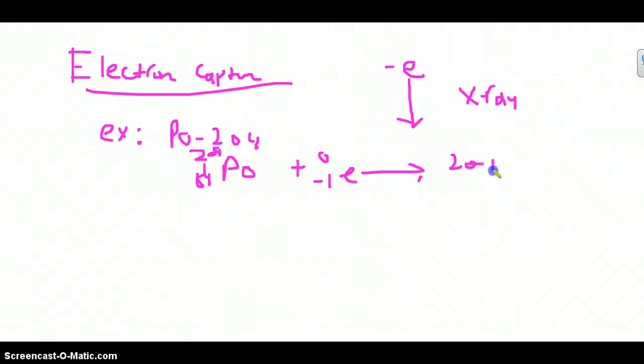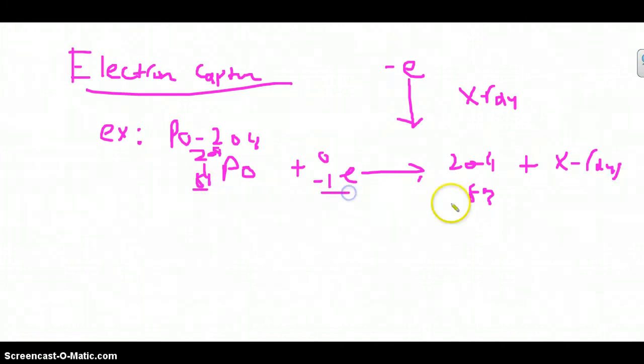And then 204 bismuth 83 plus X-rays. Yeah, because 84 minus 1, yep, that's 83. And then X-rays are actually made, so energy is on the right side.